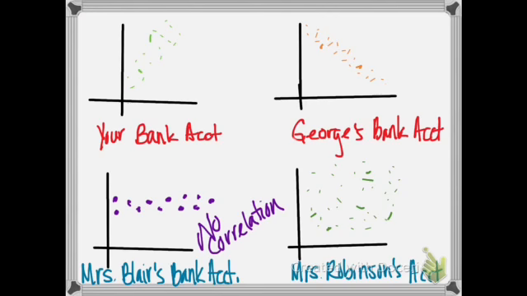In the top example, your bank account was going in a positive direction, right? And in George's bank account, George was losing money. And my bank account was just kind of flat. Well, what about this one that's all over the place? It's crazy. Well, it's another example of no correlation, because it's not positive. It's not negative. It's just all over the place.